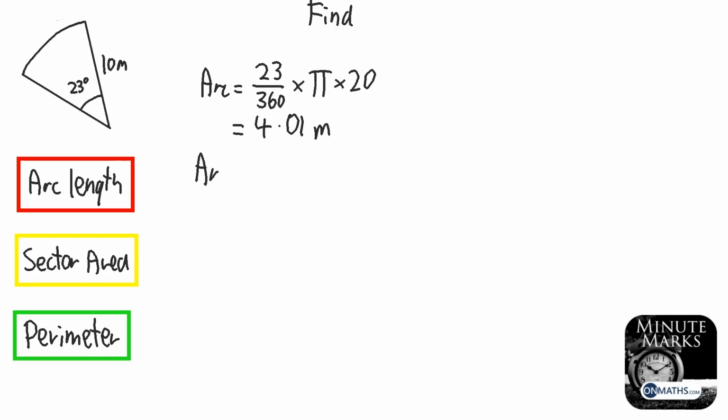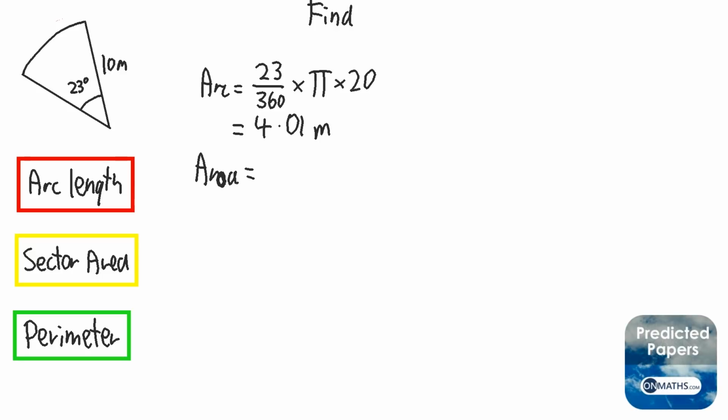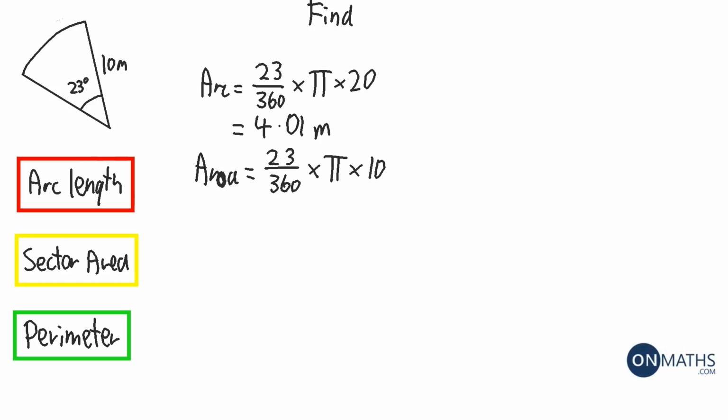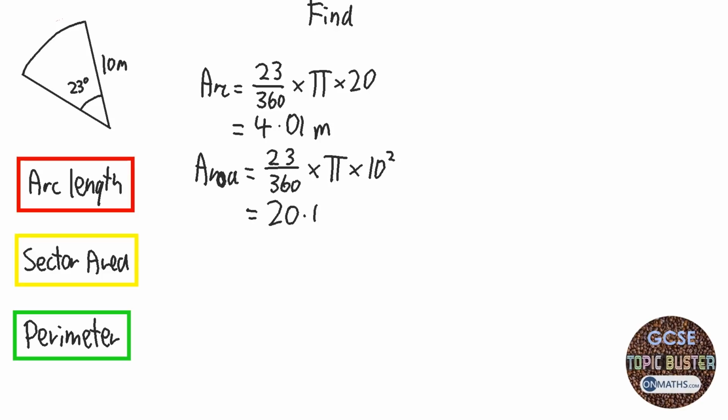The area of the sector would be the same formula, so 23 over 360, the fraction of the circle we've got, but this time times by pi r squared, so times by pi times 10 squared. So 23 over 360 times by pi times by 100, or 10 squared, and that gives me 20.07 meters squared.